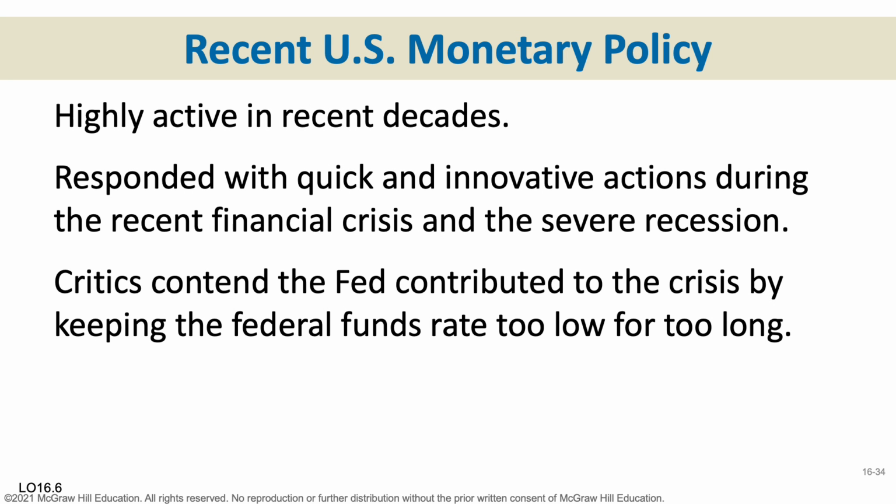So we've used monetary policy a lot in the last decade. The recession of 2007, 8, 9 gives us a lot of historical data several years past so that we can look back at it and try to measure it, decide if the Fed did a good job or a bad job. There's a lot of different feelings about it.